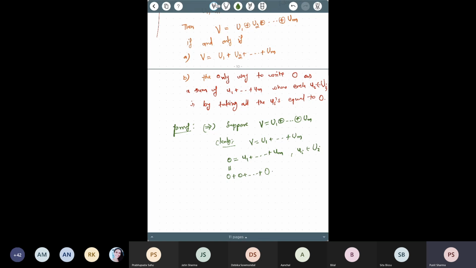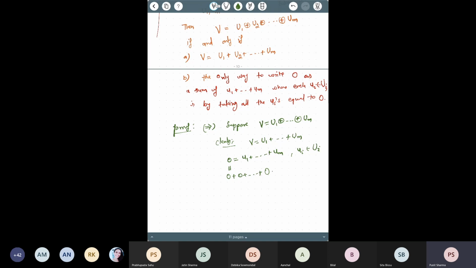Okay. Now from here, can you say that the only way to write 0 is the trivial way? Since we know that V is the direct sum, by definition every vector has to have a unique representation as a sum of vectors from these subspaces.